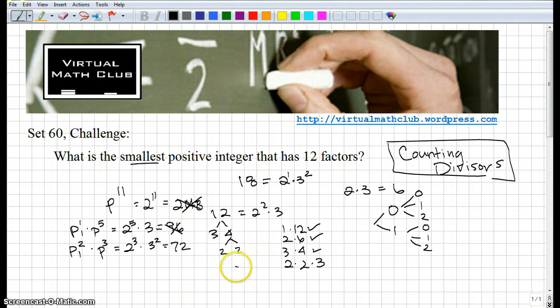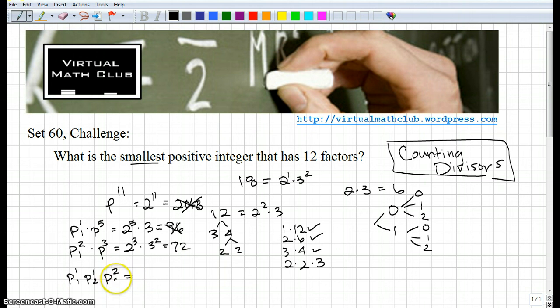Now let's look at this case. If we had 2 times 2 times 3 to give us the 12 factors, that would be one prime to the first power, another prime to the first power, and another prime squared. If we add 1 to each power and multiply, we would get 12, so there would be 12 factors.